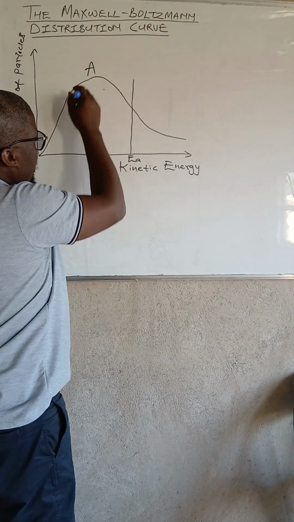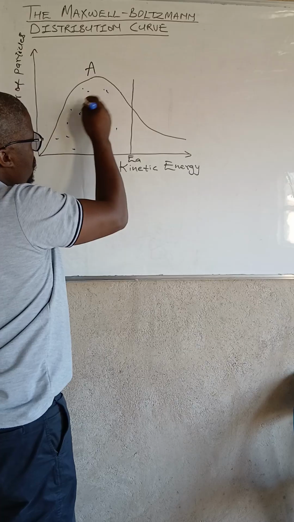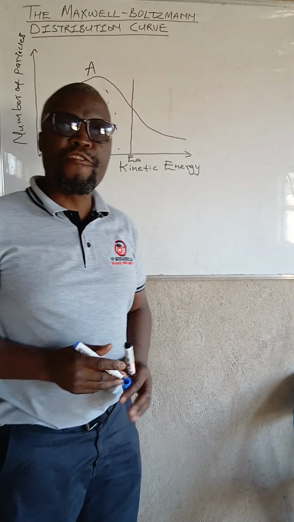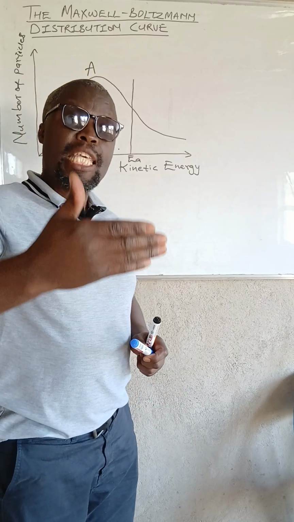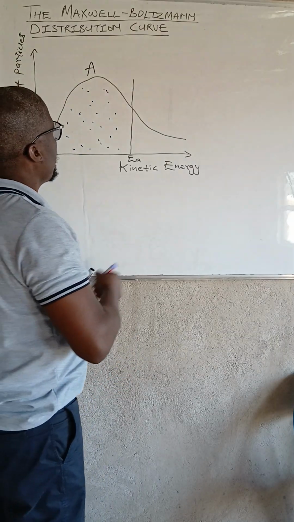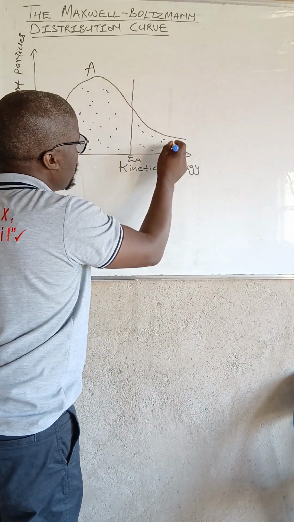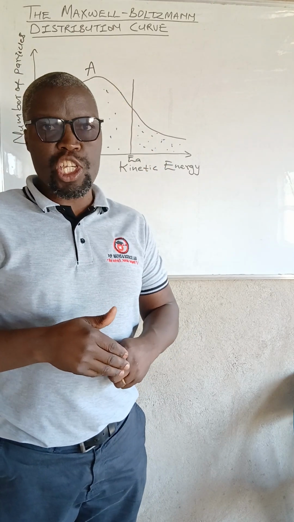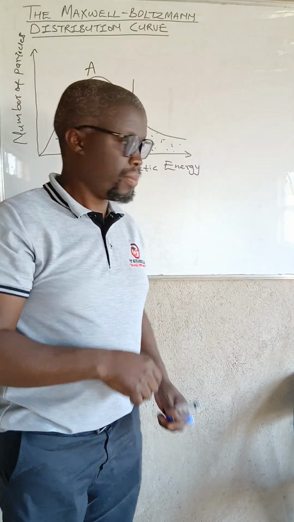The particles in this region do not have enough kinetic energy to give effective collisions, whereas particles in that region have got enough kinetic energy to give effective collisions.